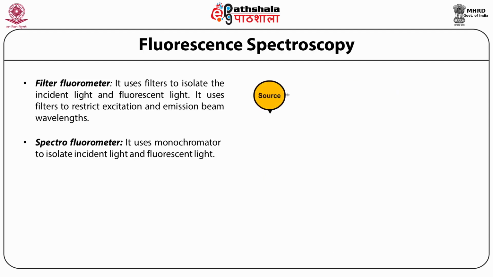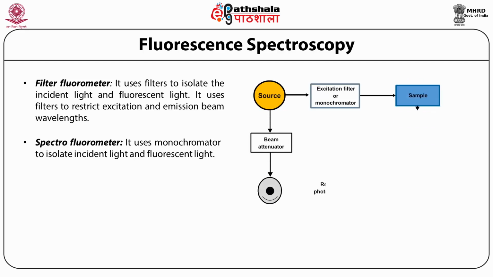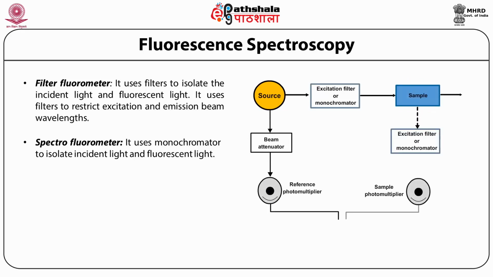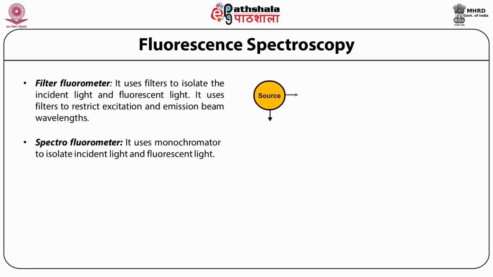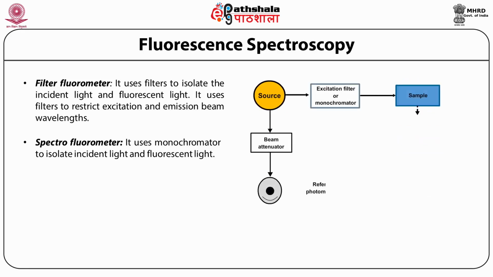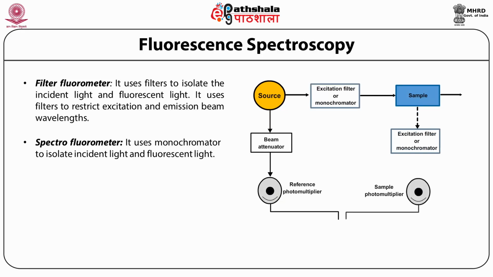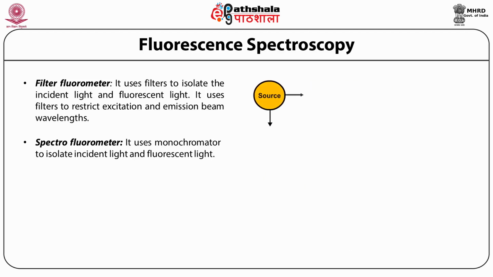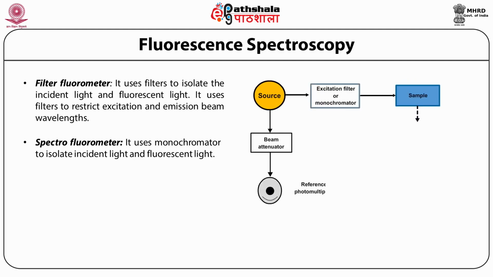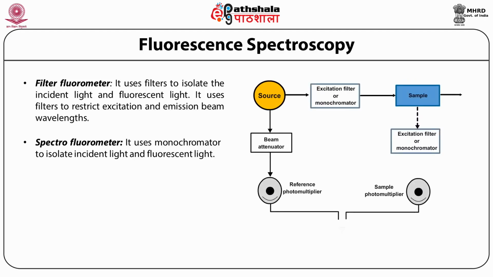In more advanced instruments, monochromators are provided both for the selection of exciting light and to detect the sample emission. Such instruments are also capable of measuring the variation of emission intensity for the fluorescence excitation spectrum. Generally, fluorescence spectrometers use double beam optics to compensate for power fluctuations in the source.